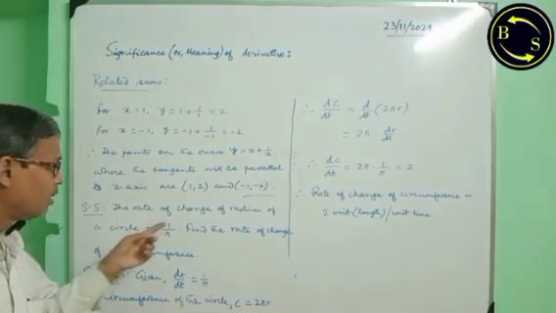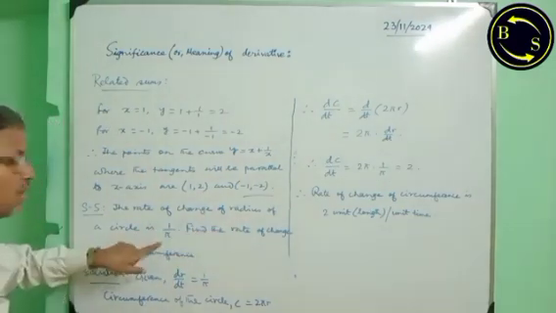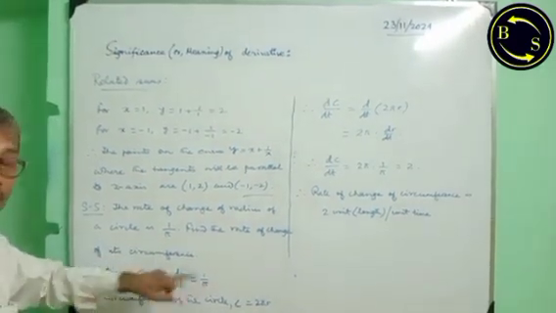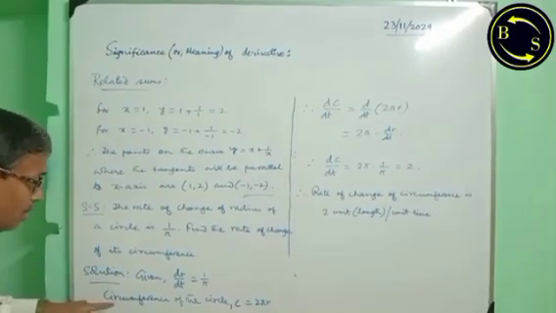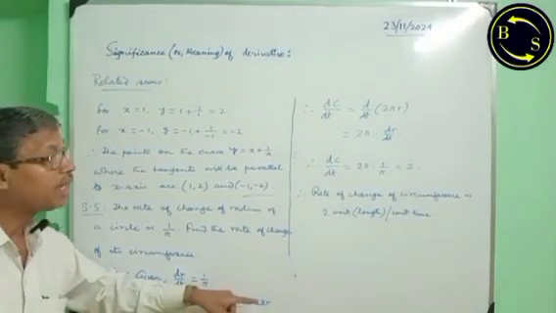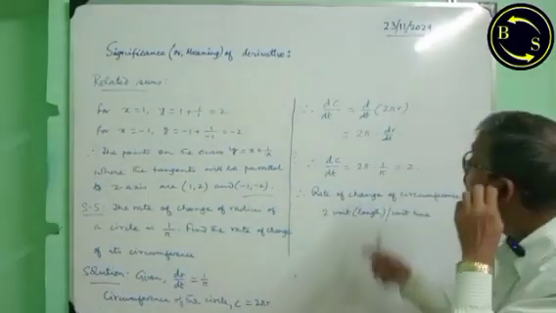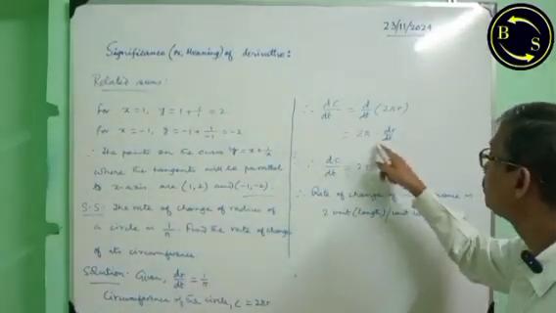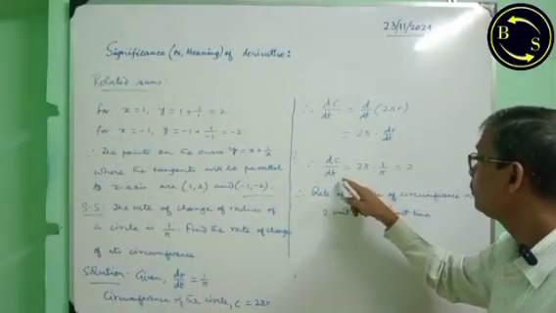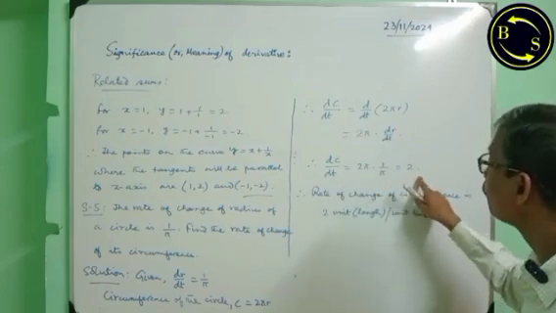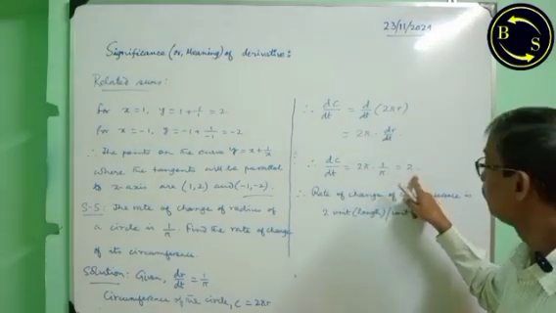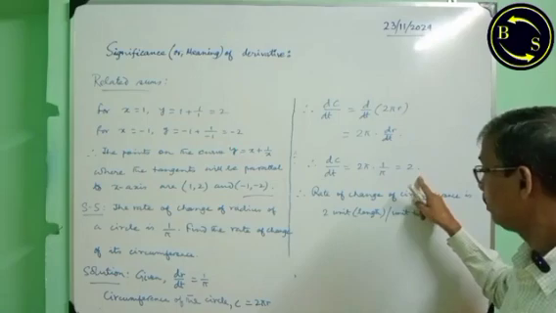Let me repeat. Rate of change of radius is given, that means dr/dt is given. Circumference C is 2 pi r. We need dC/dt and calculated dC/dt equal to this one. Therefore, dC/dt is equal to 2, which is independent of any variable.